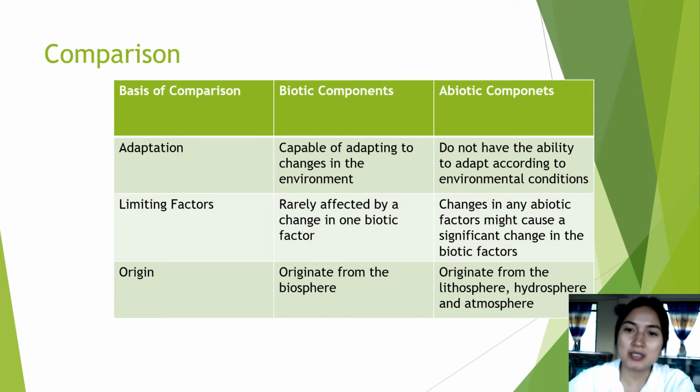Changes in any abiotic factor might cause a significant change in biotic factors, while biotic components are rarely affected by a change in one biotic factor. Biotic components originate from the biosphere, while the abiotic components originate from the lithosphere, hydrosphere, and atmosphere.